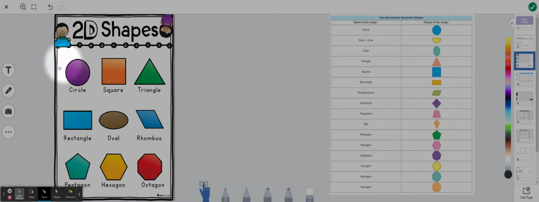But I have a feeling that you already know most of these shapes, so I would also like to draw your attention to these shapes: circle, semicircle, oval, triangle, square, rectangle, parallelogram, rhombus, trapezium, kite, pentagon, hexagon, heptagon, octagon, nonagon, and decagon.